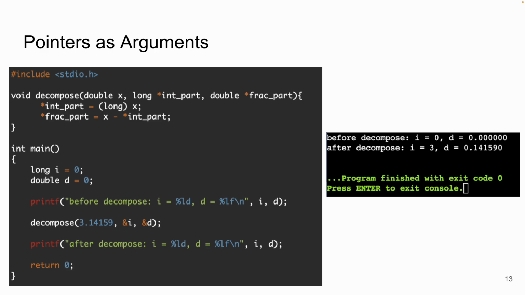So here is how you can use this decompose function. I recommend you try to write down the same program by yourself on the computer, and then try to type different input here. You can pass different values here, and then see the outcomes.